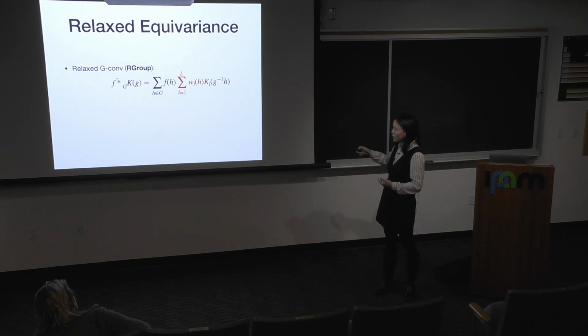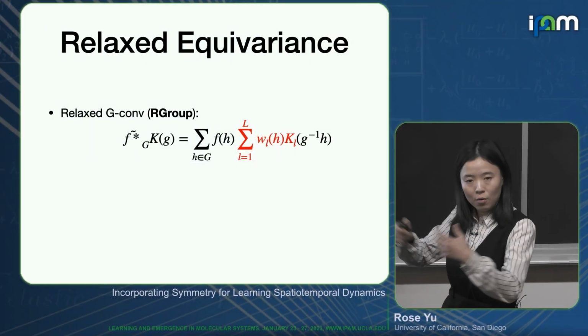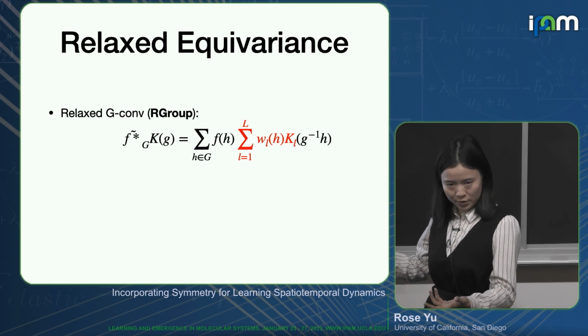We can make k different for each pair, and instead of using one kernel k, we introduce L kernels. This gives us a way to tune the amount of asymmetry in the implementation. If L equals 1, this reduces to the original perfectly equivariant network, and if I have more L, I will have more asymmetry in the system.